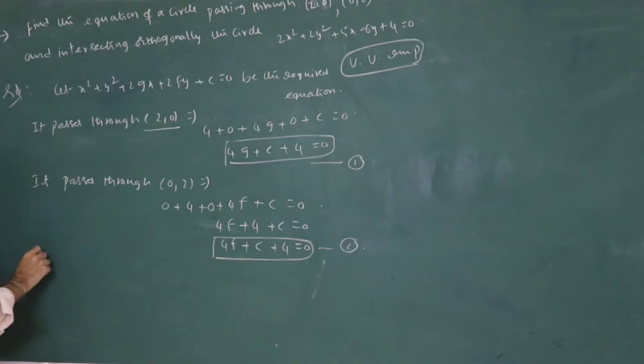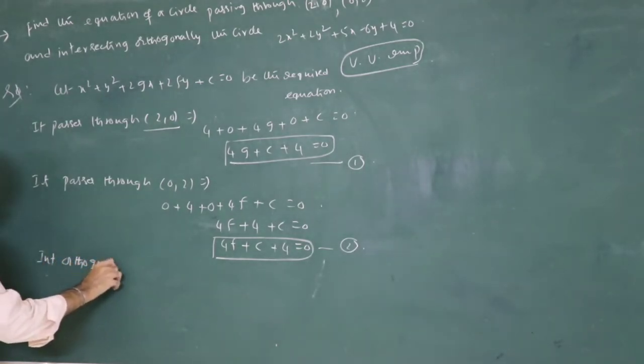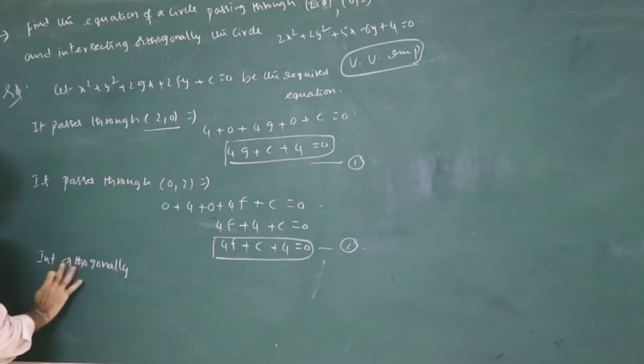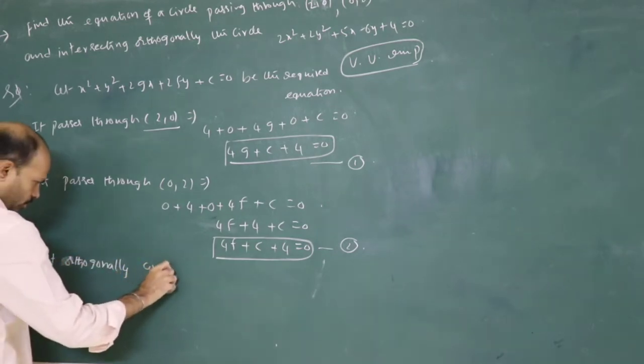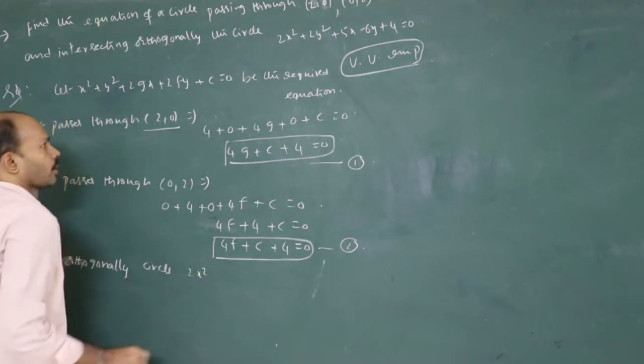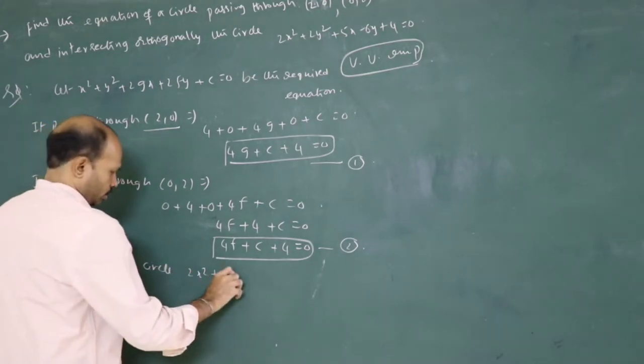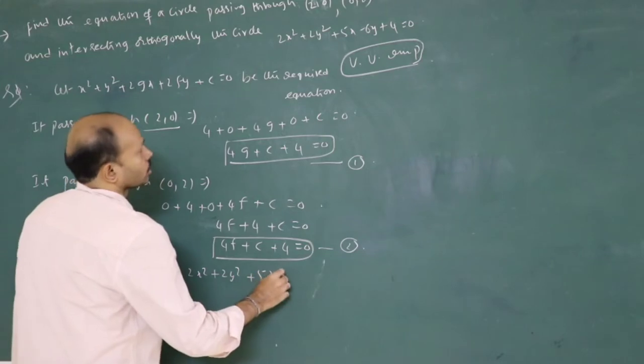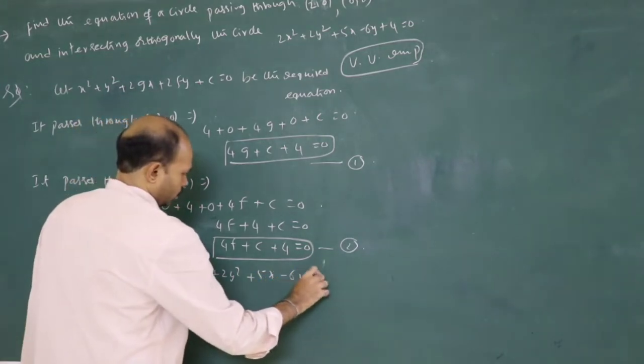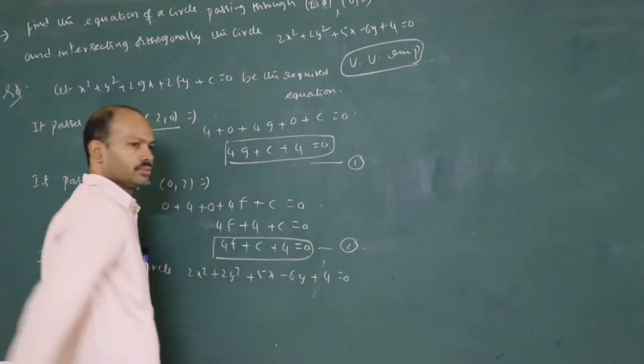And the given circle intersects orthogonally the circle 2x square plus 2y square plus 5x minus 6y plus 4 is equal to 0.